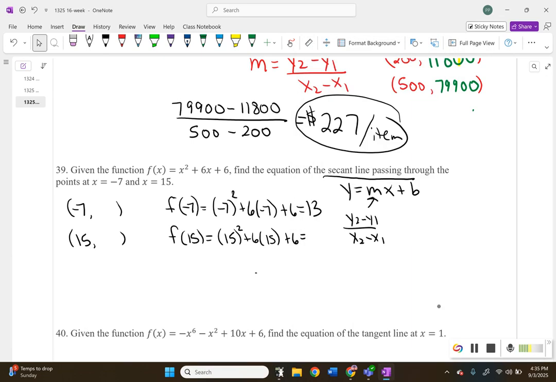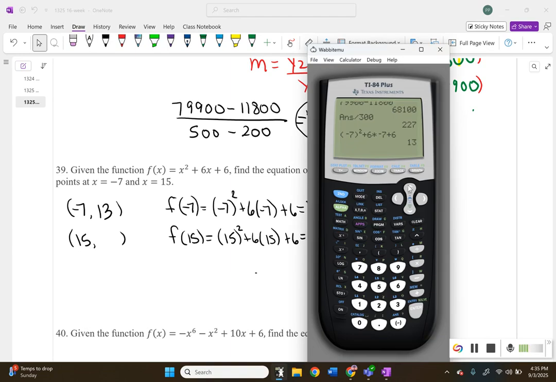So when x is negative 7, y is 13. And then I can just copy what I just did, and instead of negative 7, I'm going to put in 15. So 15 squared, 15. And I get 321.